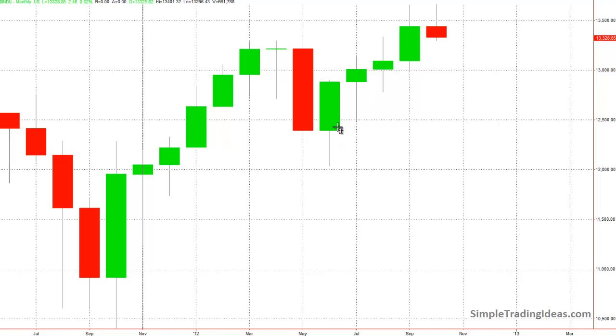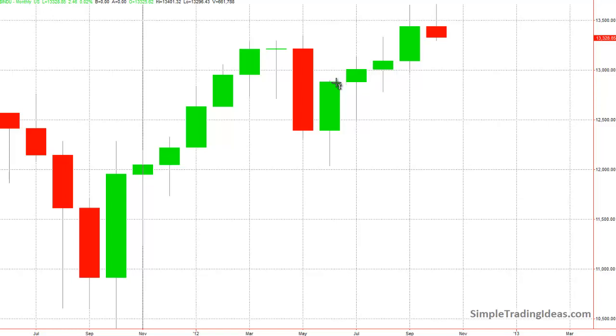So we pop over to a bullish candle. The lowest part of the real body is the open. It moves up. The highest part of the real body is the close. As we can see here, you can easily see the relation of the close to the high.